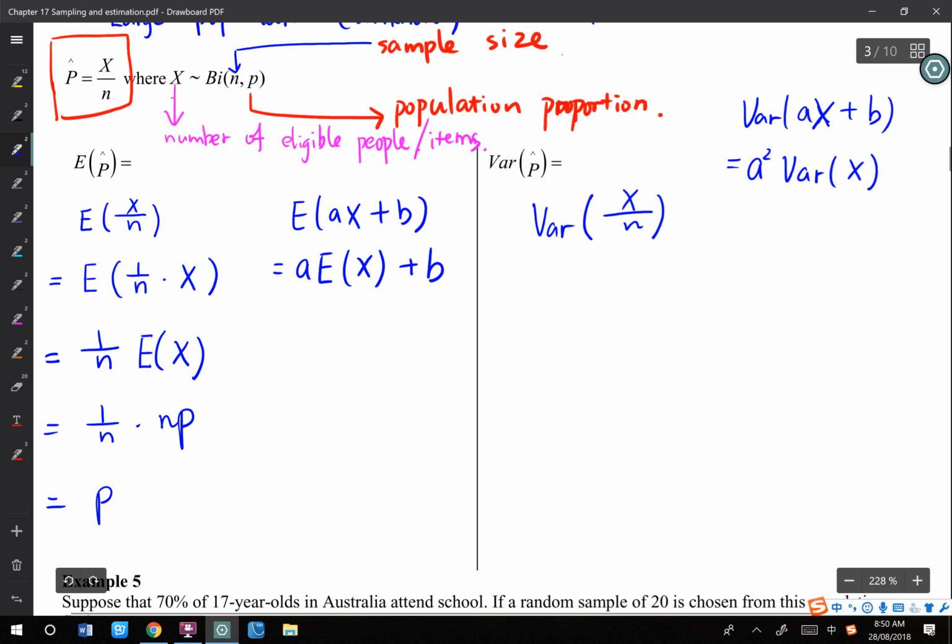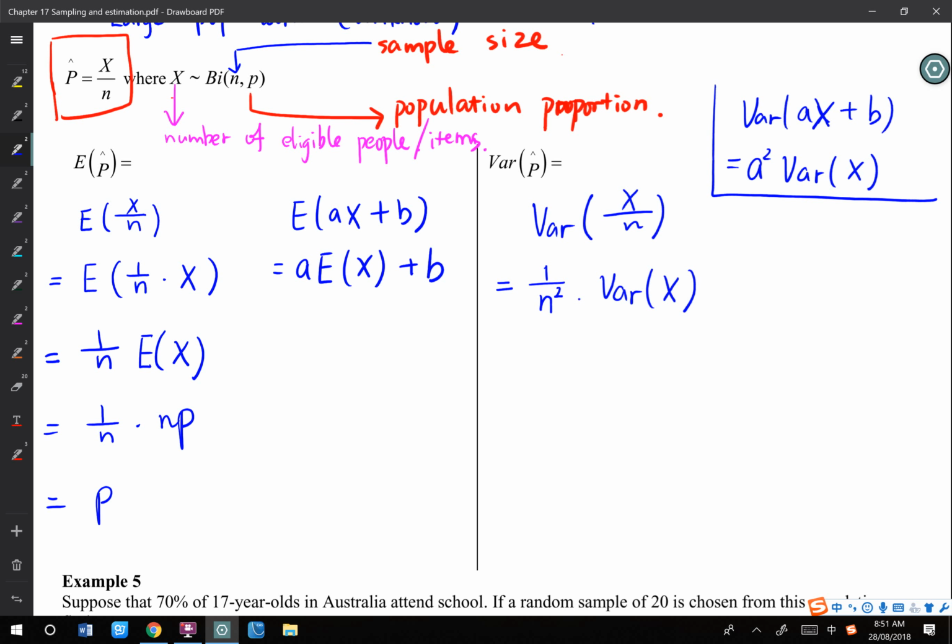How about the b? Nothing. Variance of a constant is 0. So we have a squared variance x. In this case, your a value is 1 over n, so that's 1 over n squared times variance x.